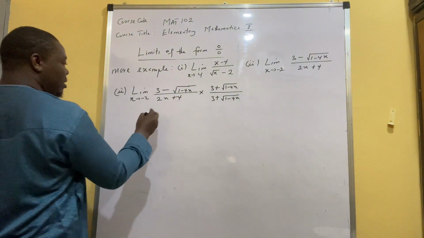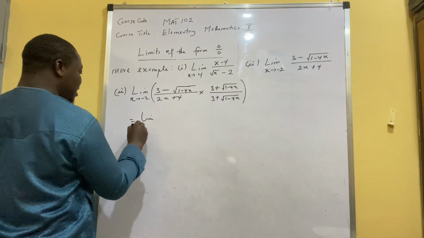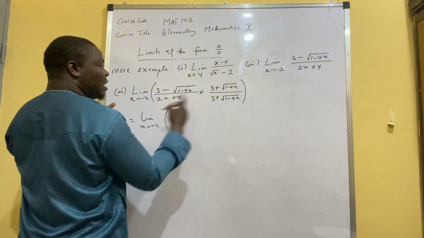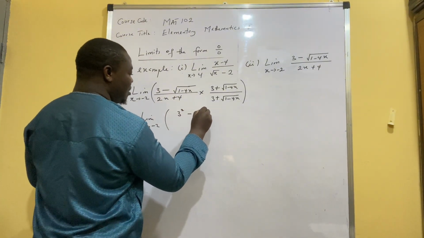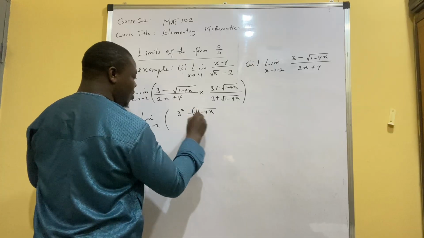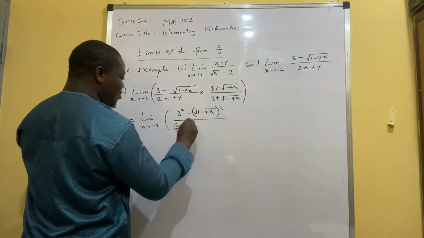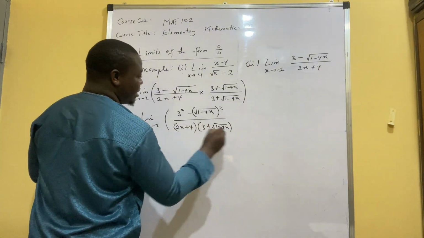If we multiply these two, the numerator looks like a difference of two squares, and we can write it as 3 squared minus root of (1 minus 4x) all squared, divided by 2x plus 4 waiting for us, and then 3 plus root 1 minus 4x.